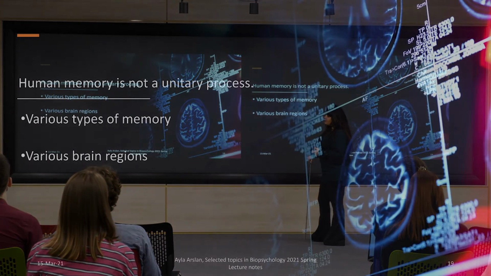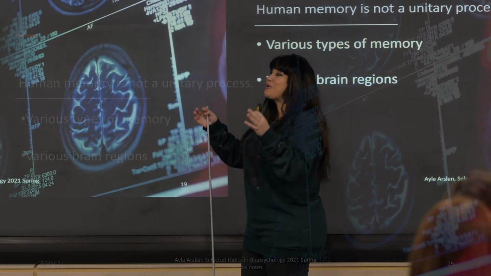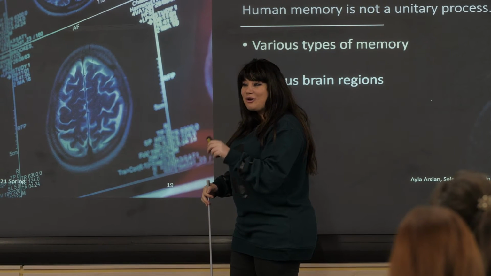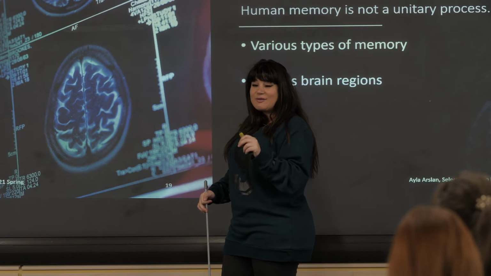So actually, if you would like to talk about memory, the first thing you need to know, as I already said, is that it's not a unitary process. That means there are different types of memory, and I'm not just saying that because I assume. Whatever I say in this class is told because there is experimental evidence. That's very, very important.